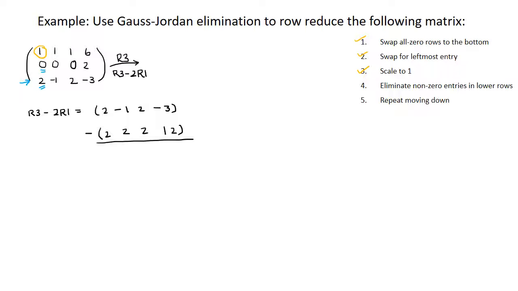So you can see I've just doubled all of the entries in row 1. And we subtract, we get 0, negative 3, 0, negative 15. So our matrix now is 1, 1, 1, 6, 0, 0, 0, 2, 0, negative 3, 0, negative 15.